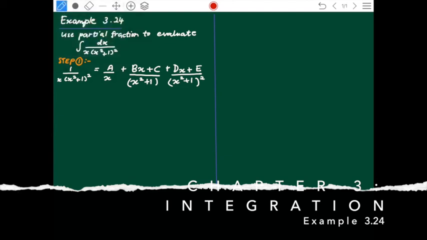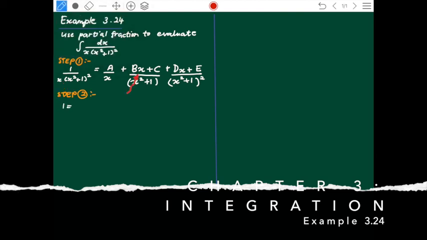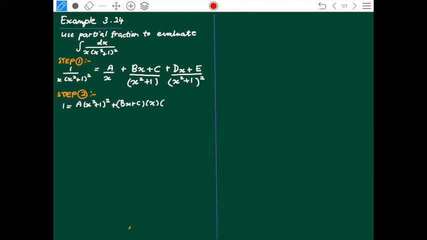Here we have x squared, so that is why we have to decompose it into bx plus c. Now into step 2, you need to multiply the denominator on the left side with the partial fraction components on the right side.